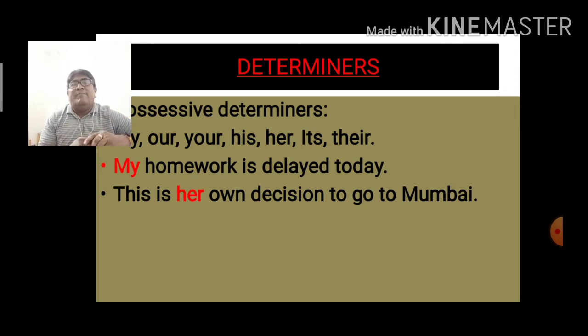For example, my homework is delayed today. Homework is a noun, but before homework, "my" is used, so my is a possessive determiner. This is her own decision to go to Mumbai. Her is also a possessive determiner.